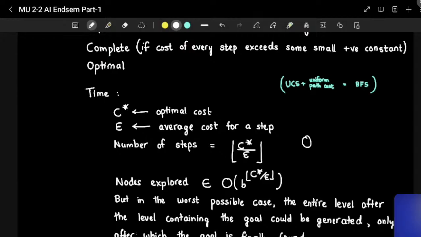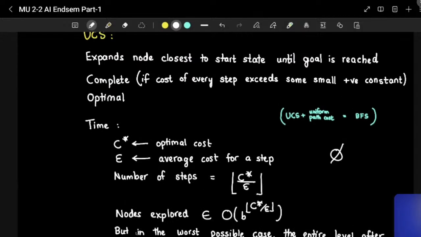So if you have a start state, all of you must know how a priority queue works, right? When you start with a start state, you dequeue it and then enqueue its children, and how will you enqueue them? You will enqueue them with respect to how close they are to the start state. Maybe a diagram should help.